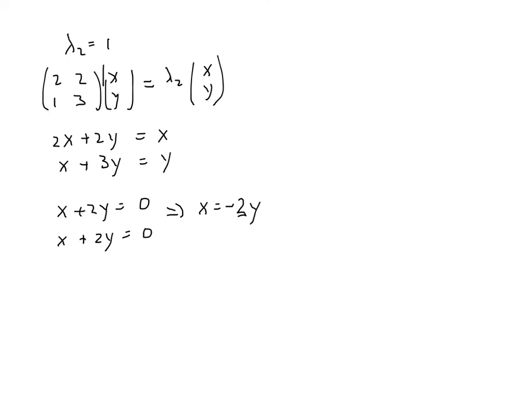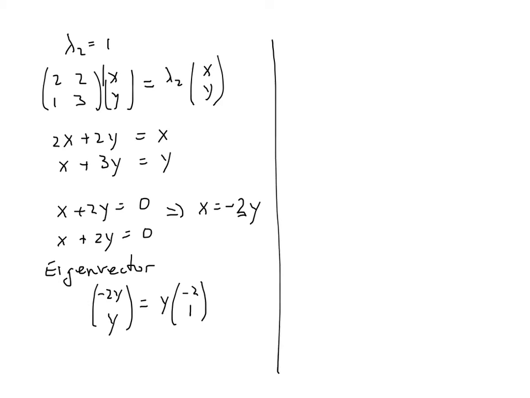2y, and so my eigenvector would be, whatever I choose for y, I choose minus 2y for x. Factoring out the y, I have a minus 2, 1 is my eigenvector. And any scalar multiple of minus 2, 1 is also an eigenvector.